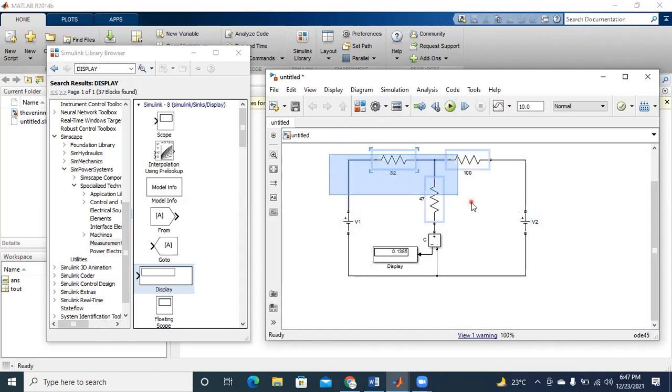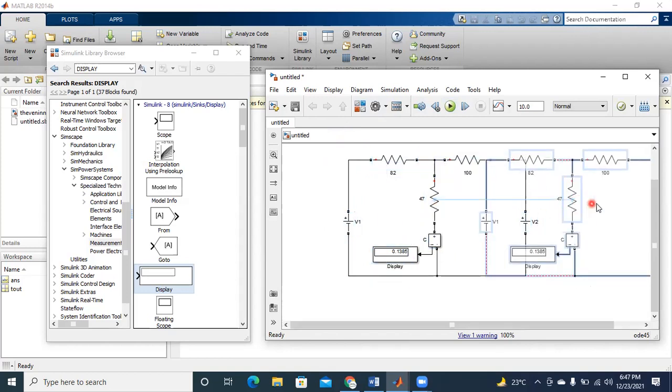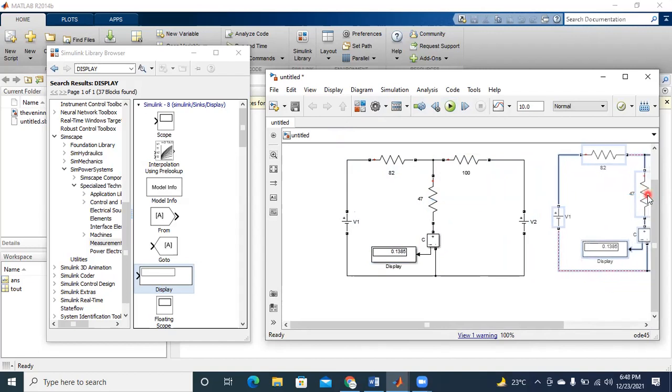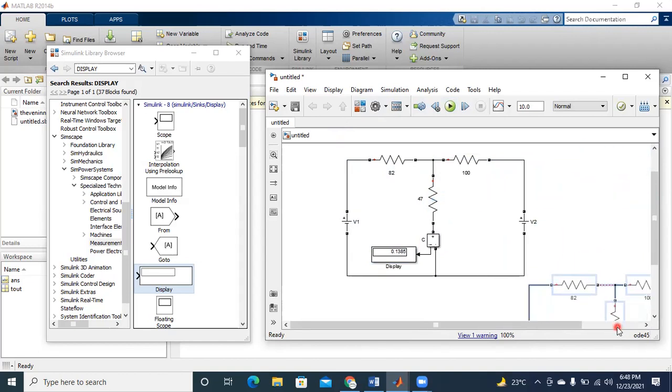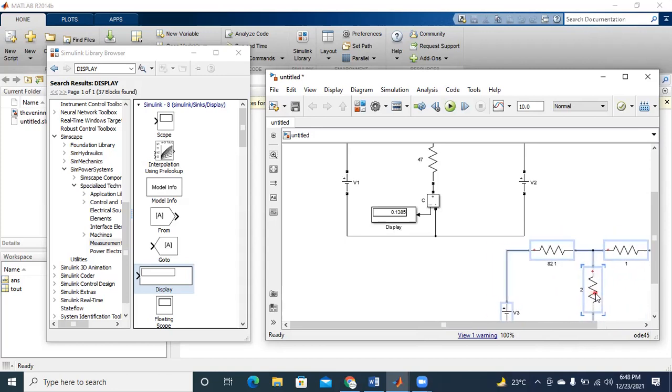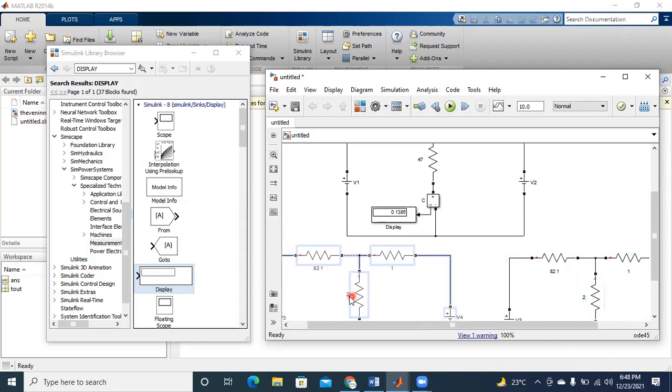Now we have to verify whether the sum of these two will equal this. So I'm simply copying the circuit and keeping it at the bottom. This is the first circuit, and the second circuit is this.